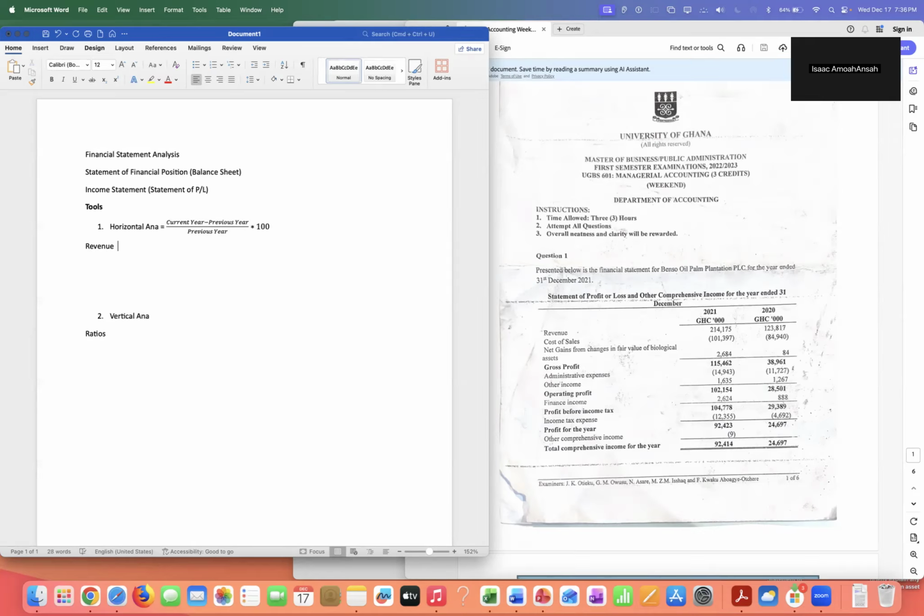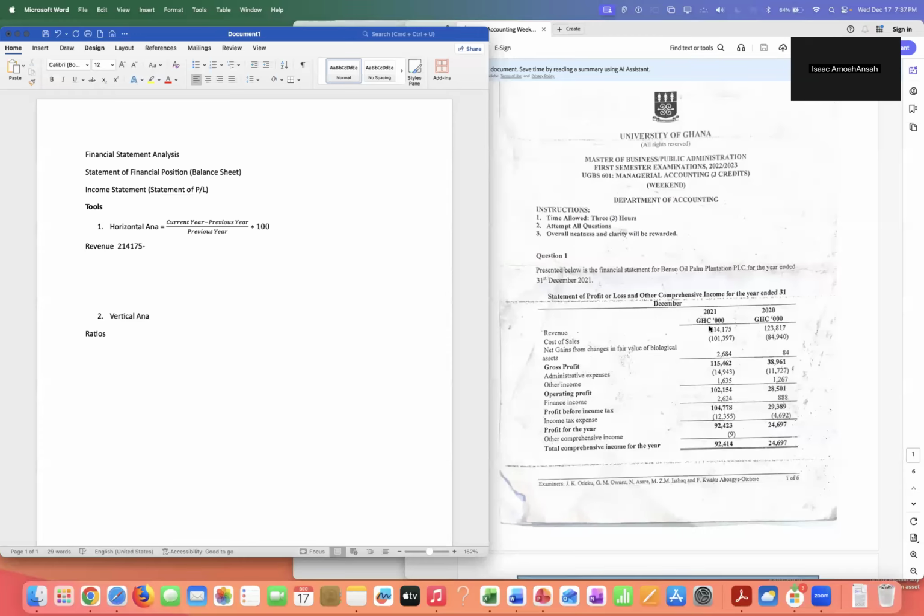So the current year, 2021 figures are 214,175 minus the previous year.